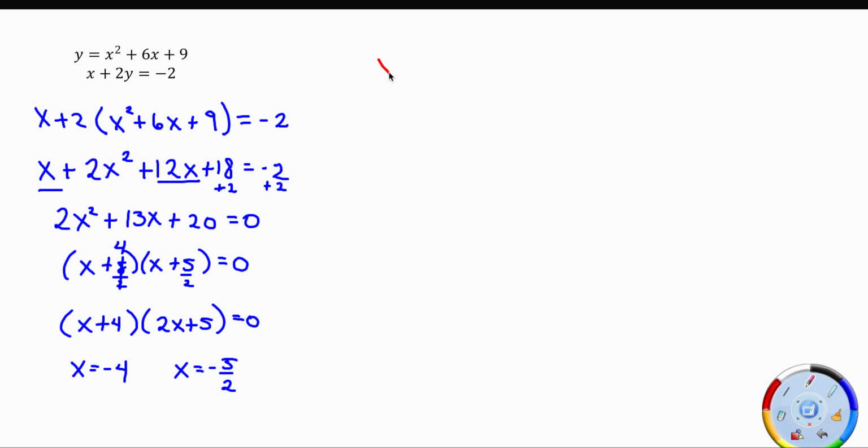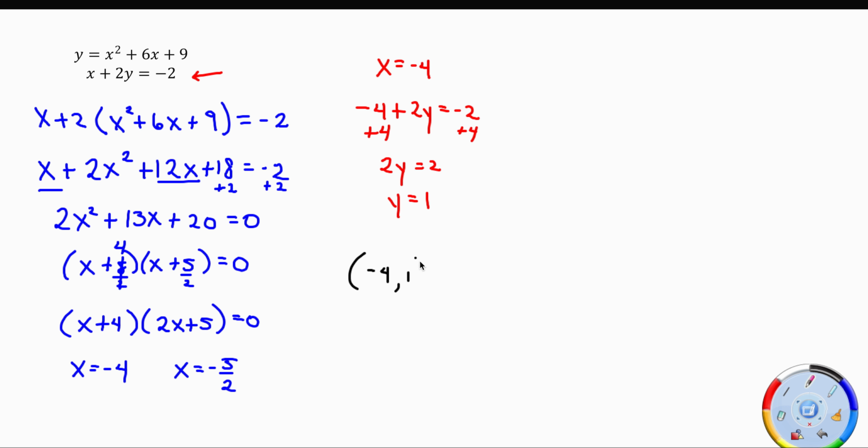Okay, so if x is negative 4, plugging into this equation, I have negative 4 plus 2y equals negative 2. Add 4 to both sides. So 2y equals 2, y equals 1. So here's one solution: when x is negative 4, y is 1.